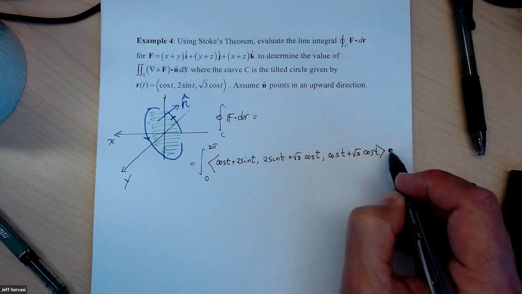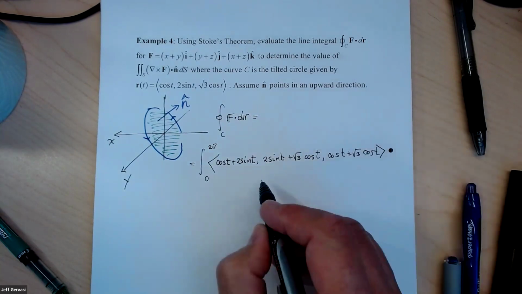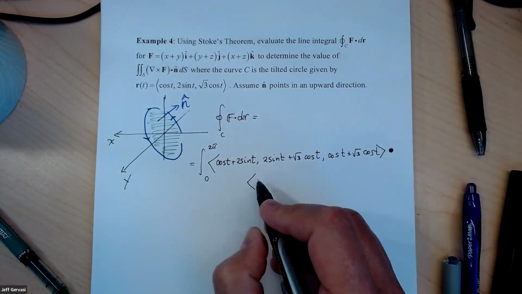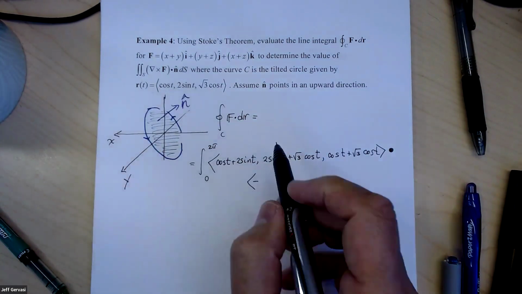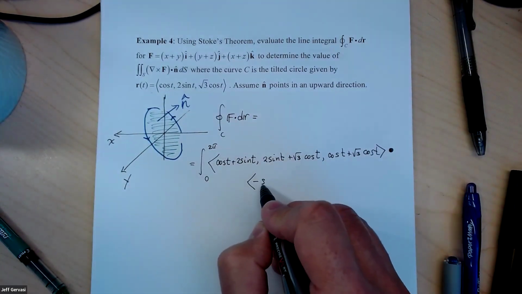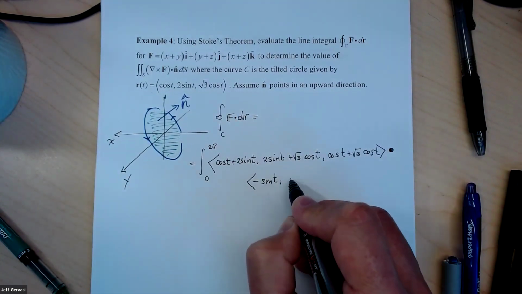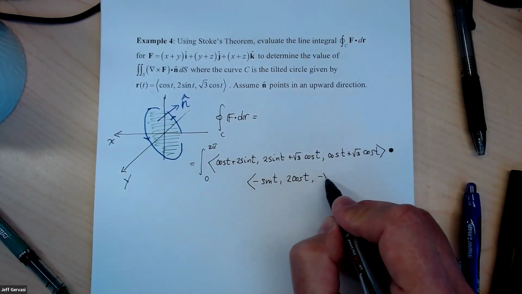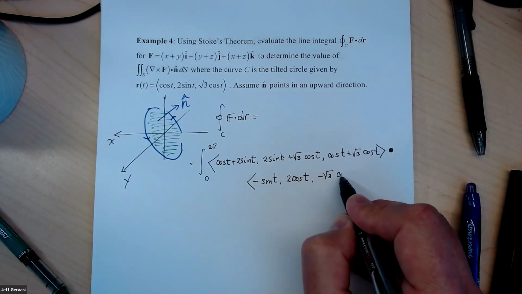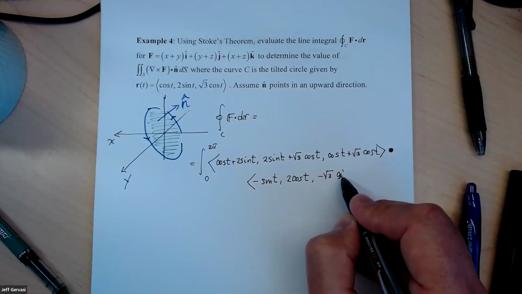And I did not leave myself enough room. That was poor planning. Sorry, everybody. This is r, so dr is going to be the following. This should be sine.